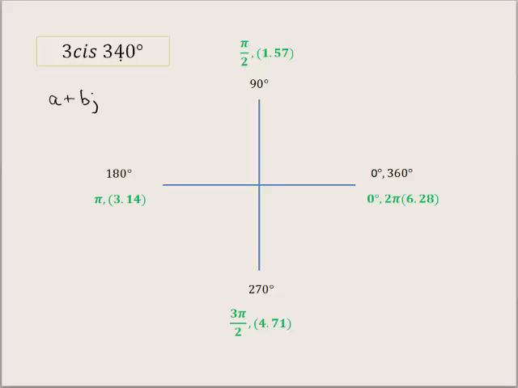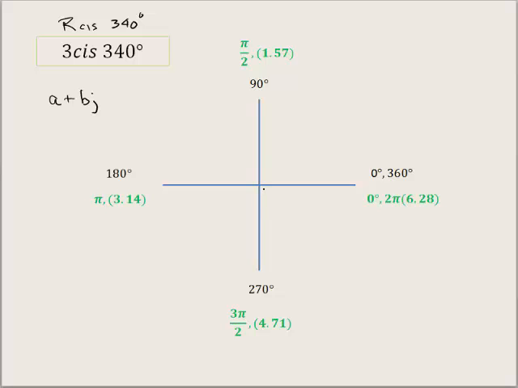It stands for 3 cosine 340 plus j sine 340. The 3 is the radius, and the 340 is the angle.